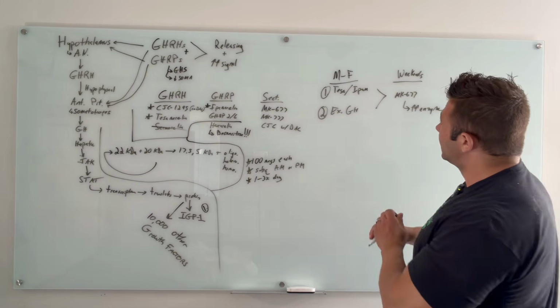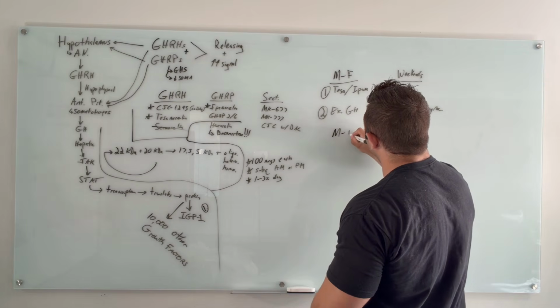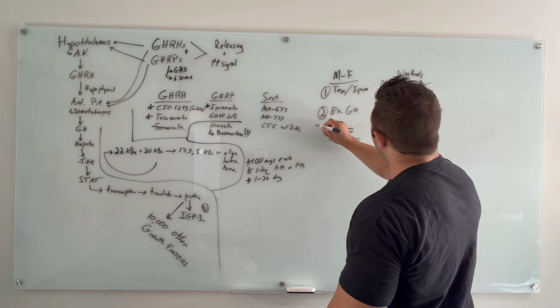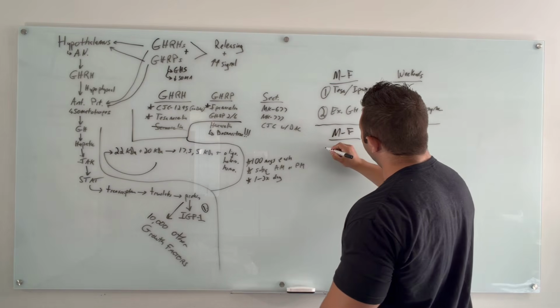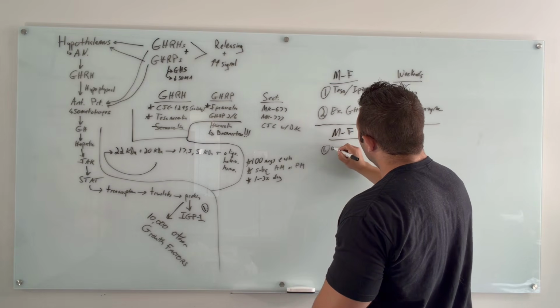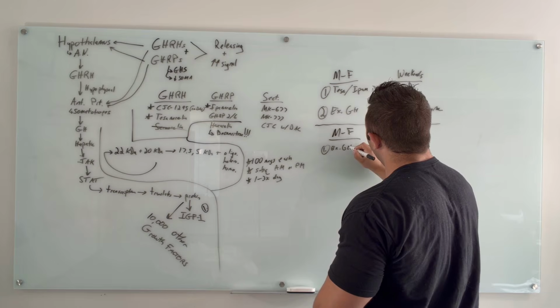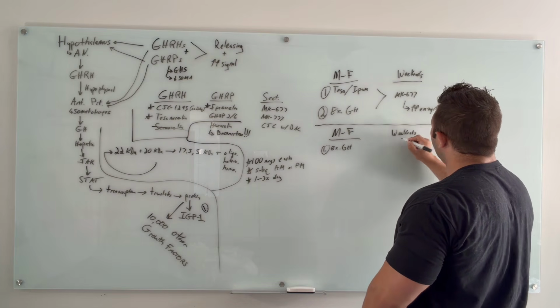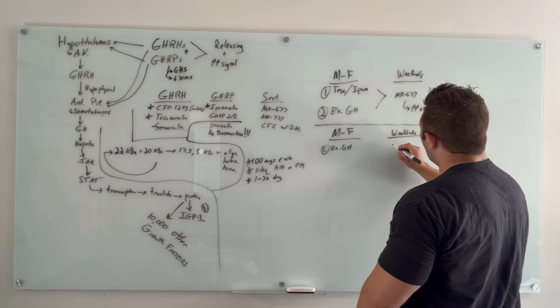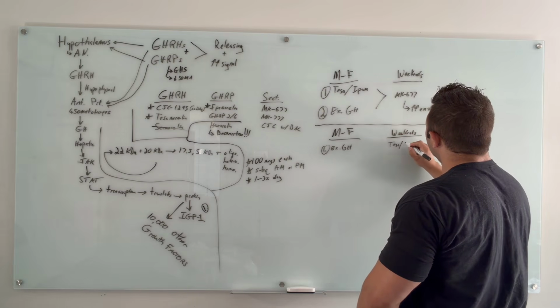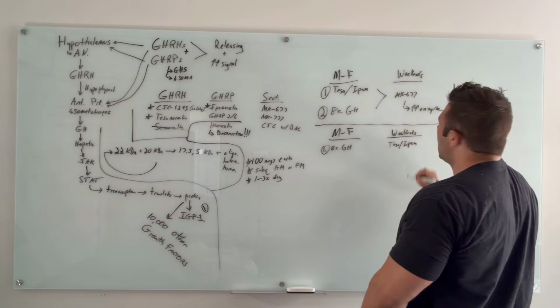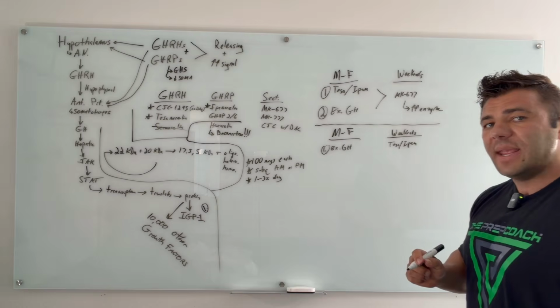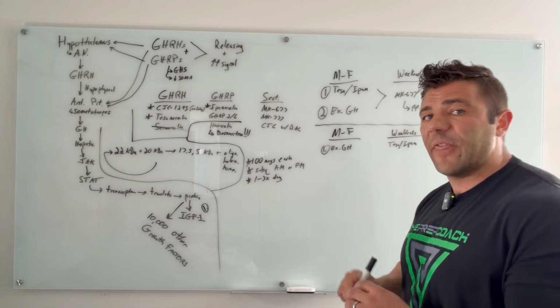Or you could flip this and do something like Monday through Friday, for example, exogenous growth hormone. And then on these weekends over here, we can bring in our actual Tesamorelin and Ipamorelin. And that's not for someone who needs to reset receptors, because that's not a thing.